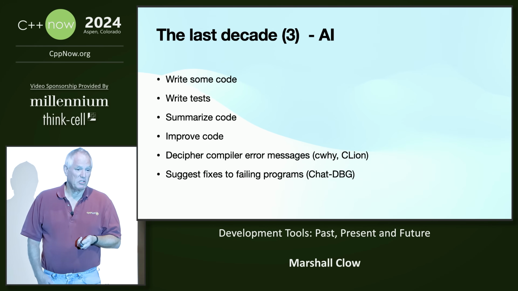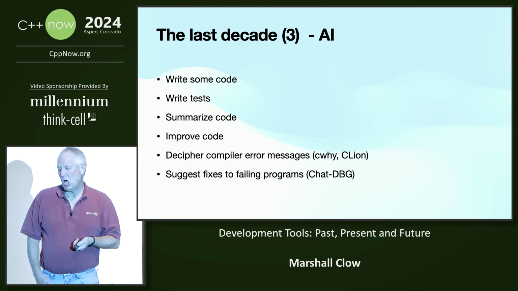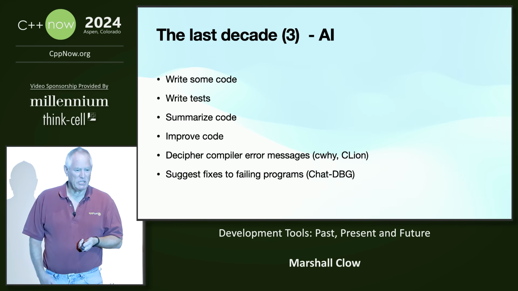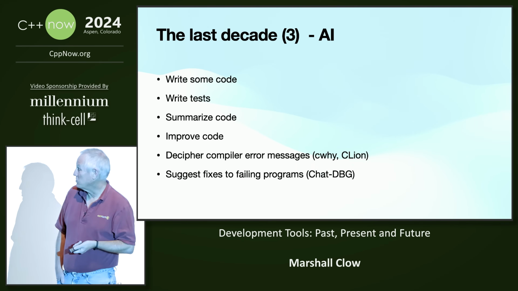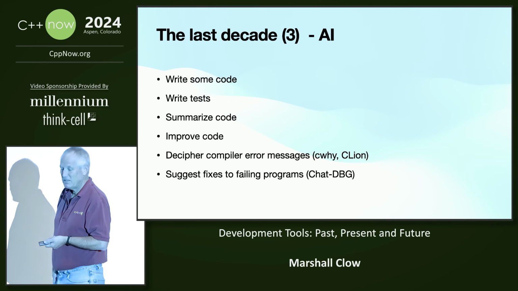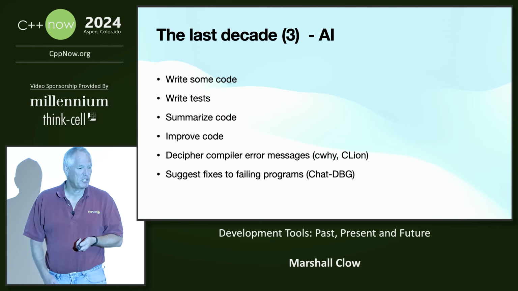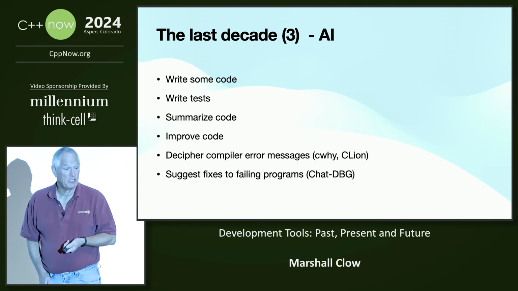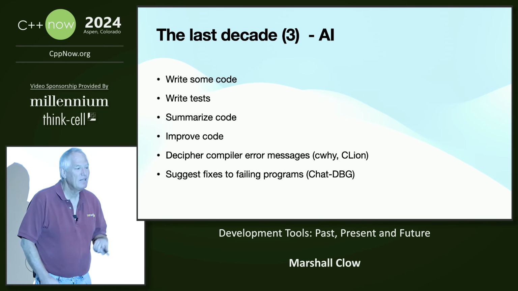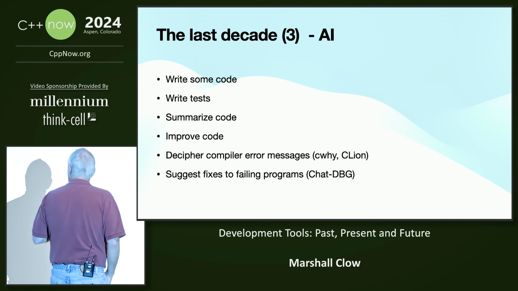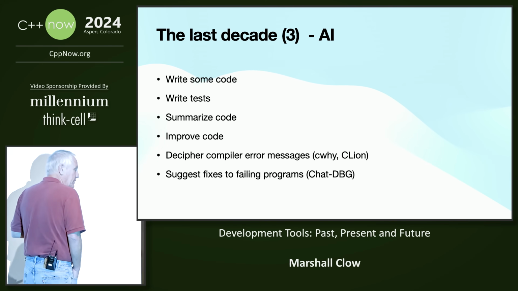Your program crashes and you're running GDB, you can say, why did this crash? And it'll use GDB or LLDB to gather up some info and send it off to ChatGPT and see if ChatGPT can tell you why. Open source, you can see what they're doing. Yay.